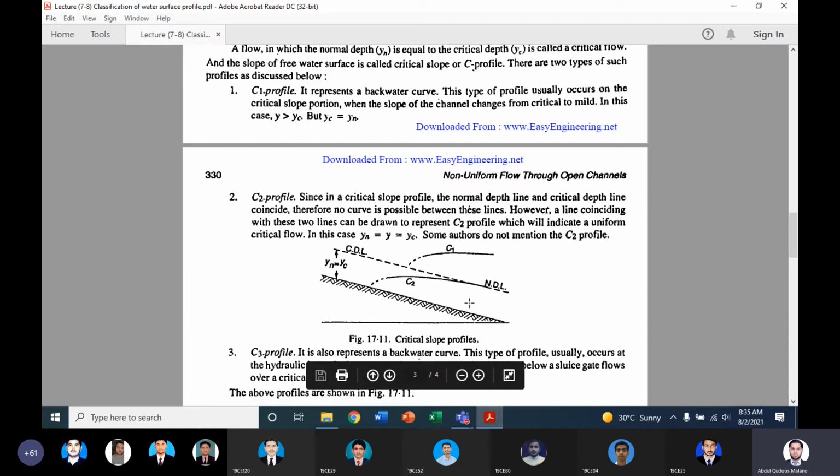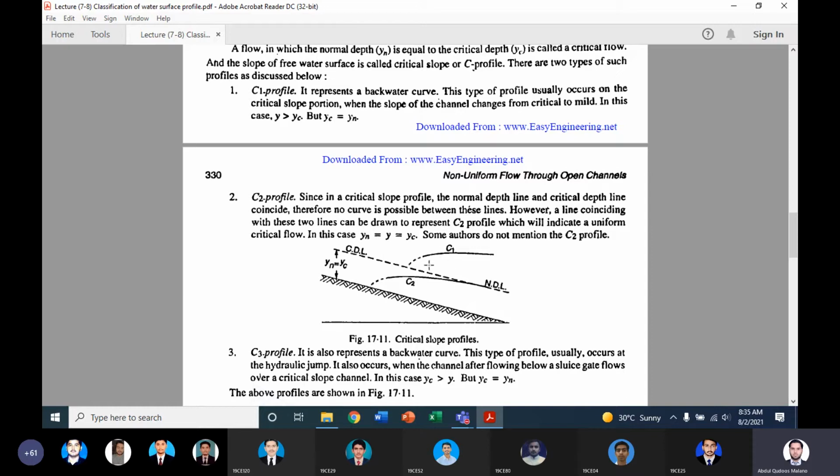ठीक है, so in the first profile we know it will be a backwater curve. ठीक है, so it represents a backwater curve in the C1 profile. This type of profile usually occurs on the critical slope portion when the slope of the channel changes from critical to mild. ठीक है, जब critical से mild में वो slope change हो रहा होगा, then you will find this first type of profile.